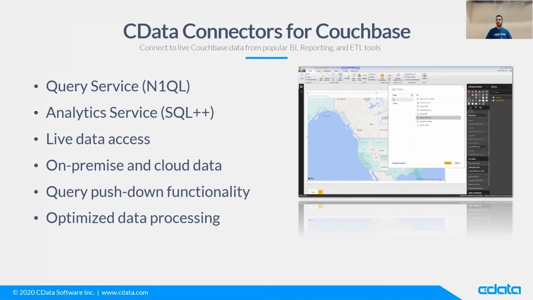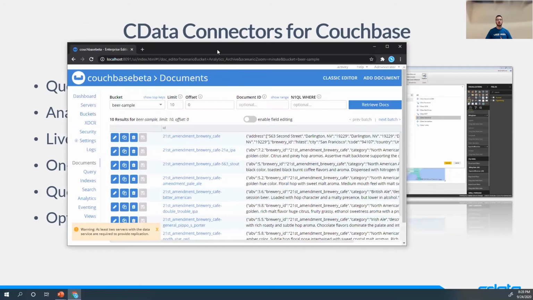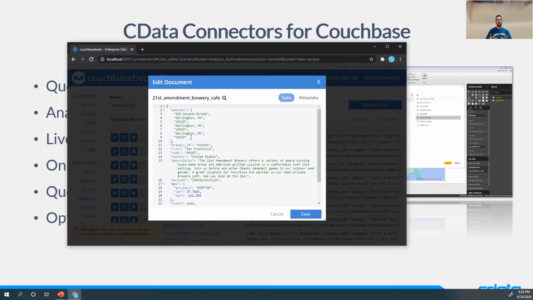So let's take a look, if we can, at something in Couchbase. For all of the examples that I'll be working through today, we'll be looking at the beer sample data set, and we'll talk a little bit about how data is exposed as we work through these examples. I just wanted to pull this up to show what the NoSQL document, a Couchbase entity, typically looks like.